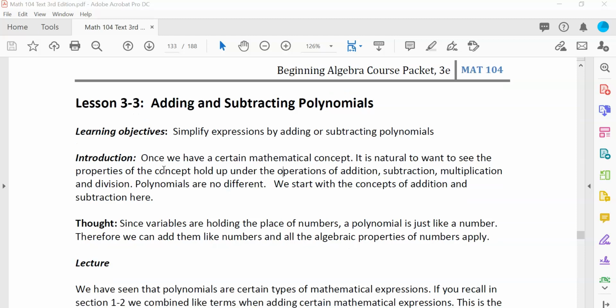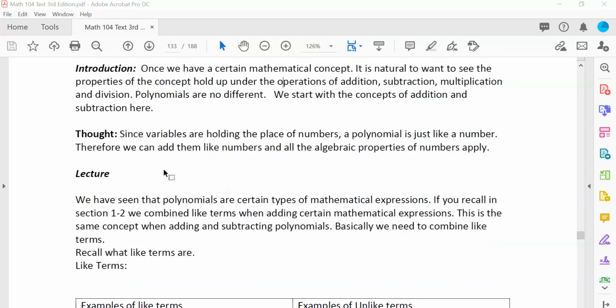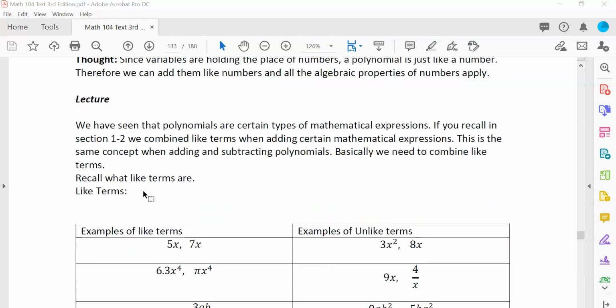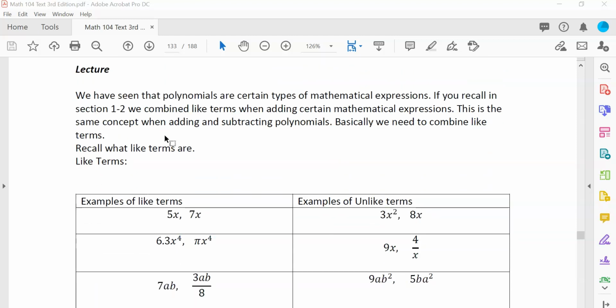All right. So polynomials are just like numbers. We can add them, we can subtract them, and all the various algebraic properties that we know from numbers apply with polynomials too. So what we're going to do is add and subtract polynomials.